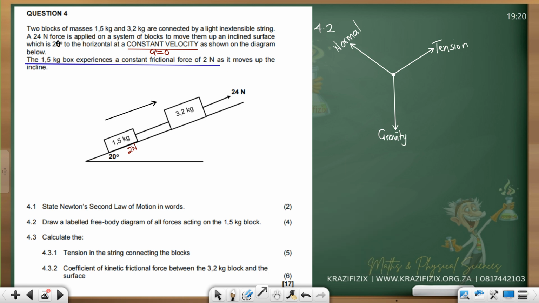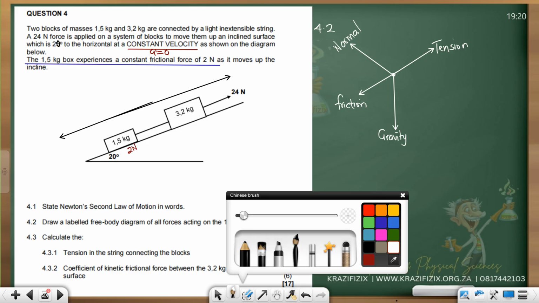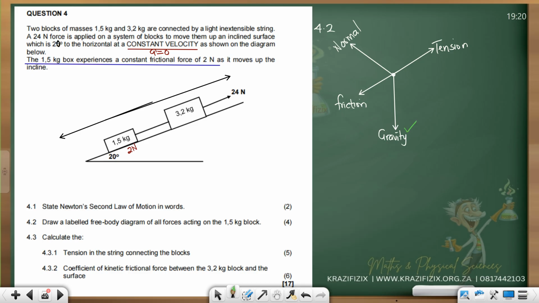So this object is going up the plane. Friction should act down the plane. Given, we don't want to come back here. And that's why you see the examiner giving you 4 marks. 1, 2, 3, and 4.